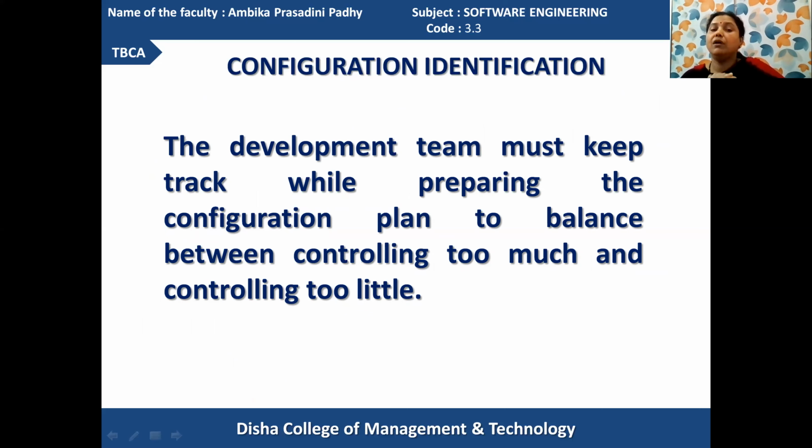If the controllable objects are too much controlled or too little controlled, then also it is going to provide certain drawbacks. So you have to carefully control the actions of the objects. Got it? And for that also the configuration management helps.